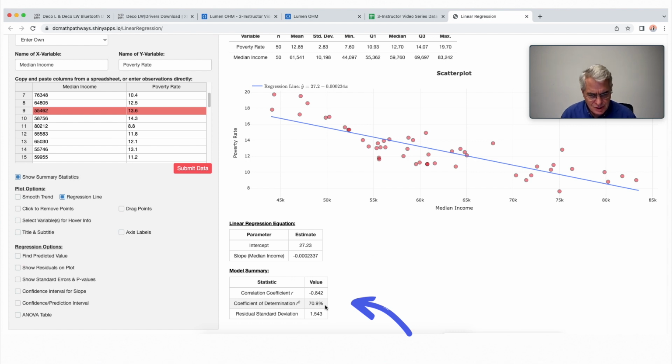Coefficient of determination 70.9 means 70.9% of the total variation in poverty rate is explained by median income.